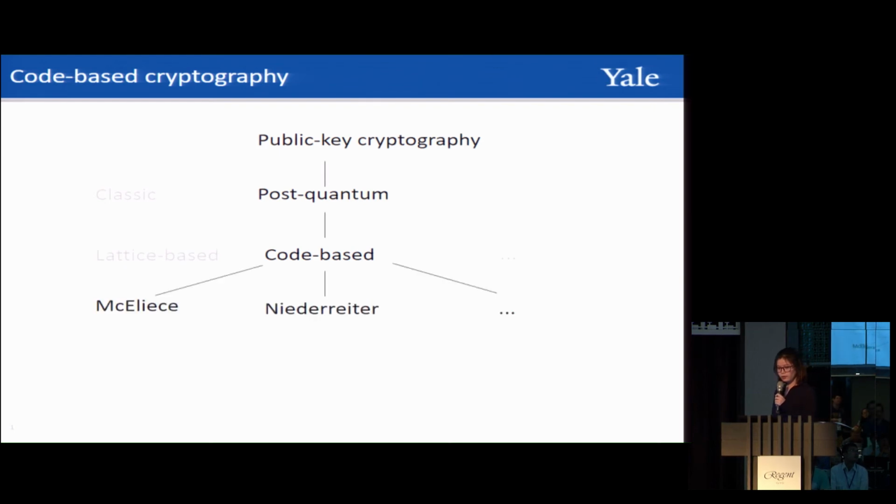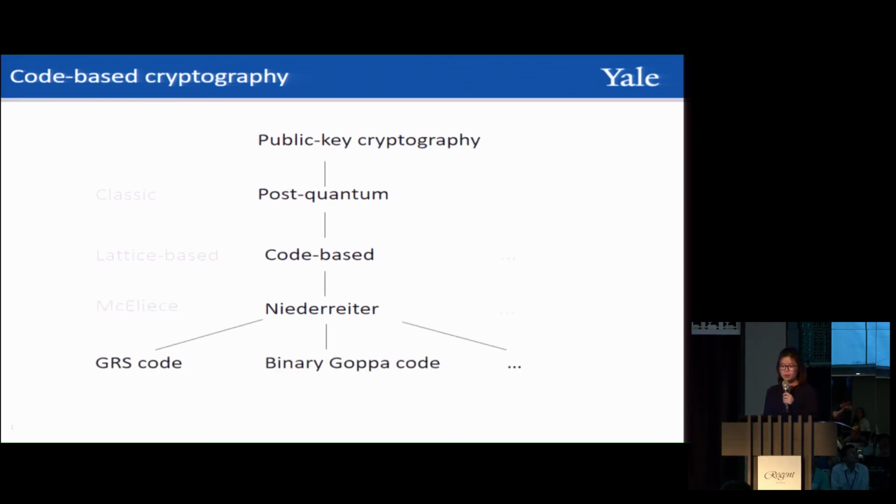Originally, McEliece proposed the code-based scheme in 1978, and several years after that, Niederreiter proposed a variant of it, which introduced a trick to reduce the public key size. Niederreiter also has a more efficient decoding algorithm. In the very original proposal, Niederreiter used the generalized Reed-Solomon code, which has been broken.